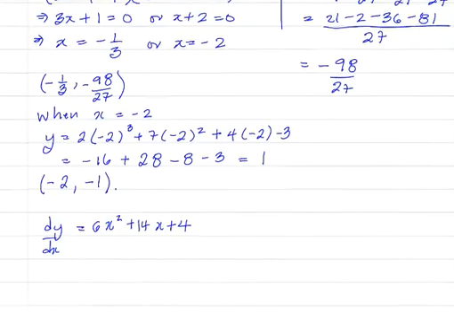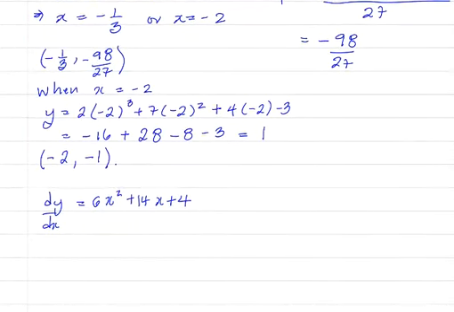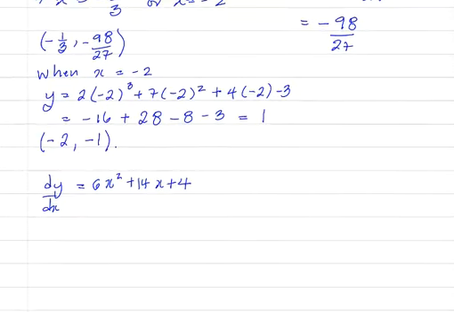Looking at the first turning point where x is minus 1/3, I might use x is minus 1 to get a point before the turning point, to get the gradient before the turning point.